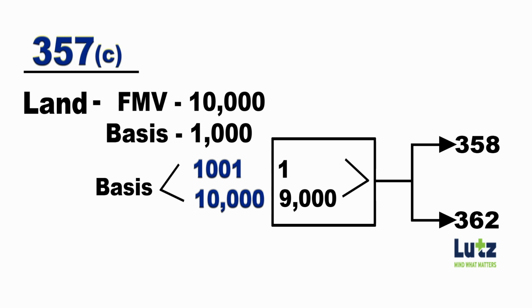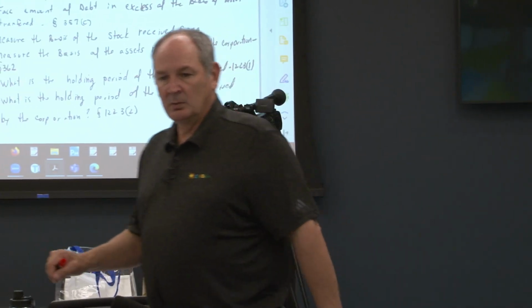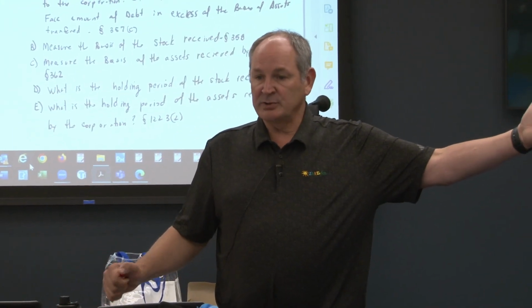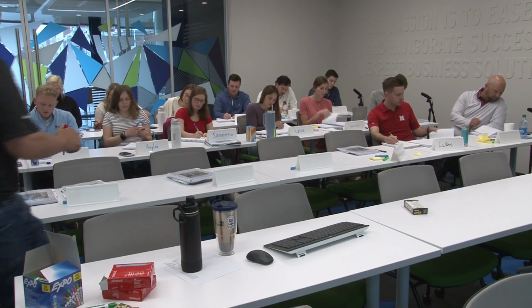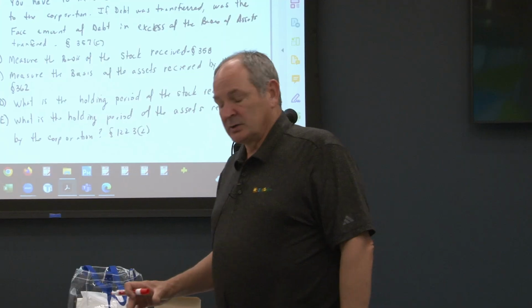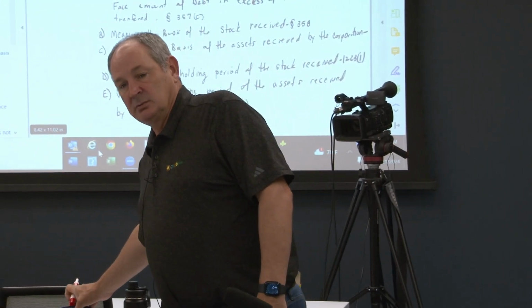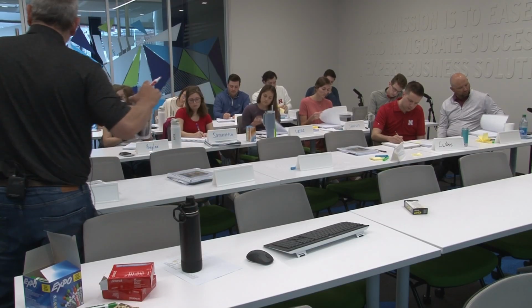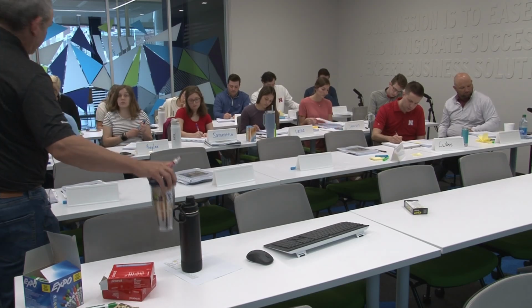Jimmy, who do you want to call in? I'll go Chambers. Jack, what's 358? Basis in shares received. What is 362? Basis in the asset received by the corporation.